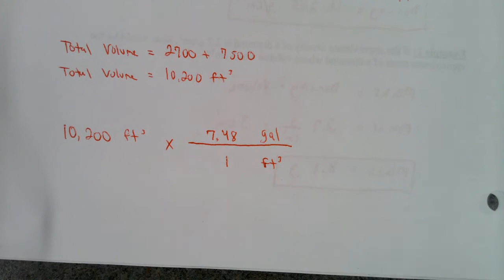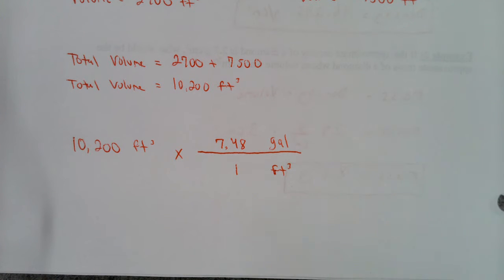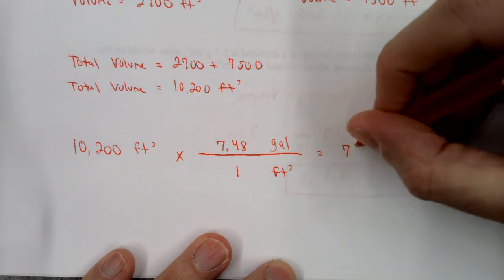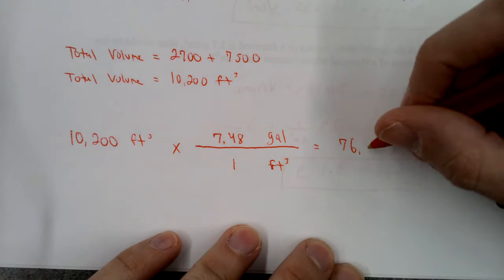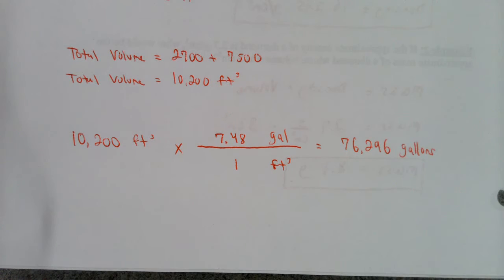And the idea is if the number's up top, you multiply. If it's in the bottom, you divide. I don't have to divide by 1. That's meaningless. So I'm going to do 10,200 times, because it's in the numerator, times 7.48. I get the answer of 76,296 gallons.